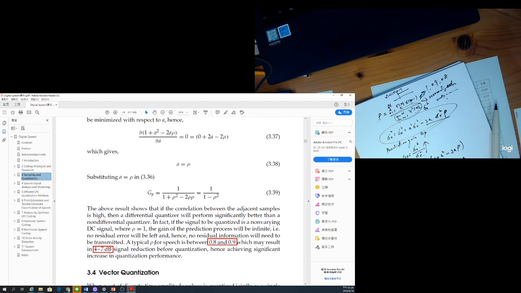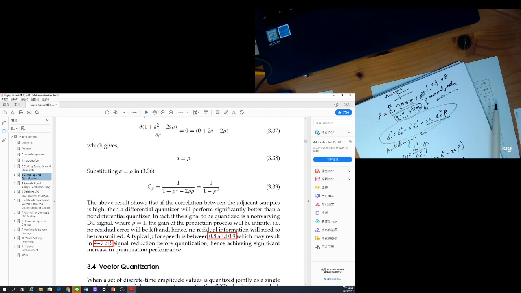The typical rho for a speech signal is around 0.8 to 0.9, because neighboring samples are highly correlated, so you can get a 4 to 7 dB signal reduction before quantization. The deviation of the signal is reduced before quantization, which can increase your quantization performance.